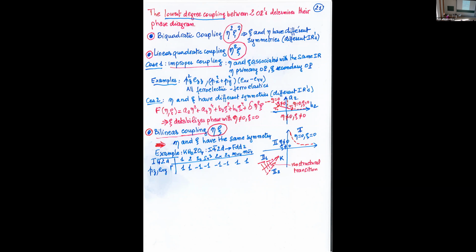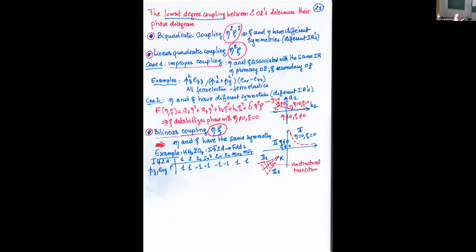They both transform by the same one-dimensional irreducible representation. And so you have a bilinear coupling. The problem was, what is the order parameter? Is it PZ or is it XY? Well, there was a very nice experiment to determine which one of the two was the order parameter. They clamped the crystal to forbid the deformation from taking place. And then the transition occurred. So it means that the strain was not the primary order parameter, it was the polarization. And so, okay, this is the conclusion.